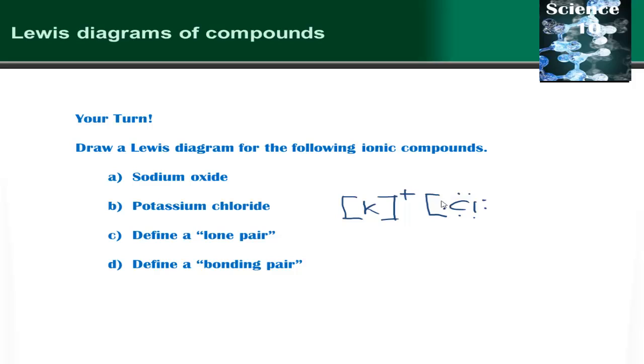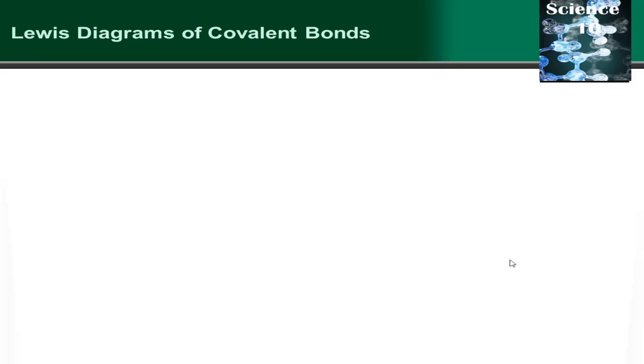But if it takes potassium's, it's now going to be a full octet. And we would say chlorine is -1. Ta-da! That's it, potassium chloride. I'll let you do wonderful things like sodium oxide yourself. We're just about done, people.